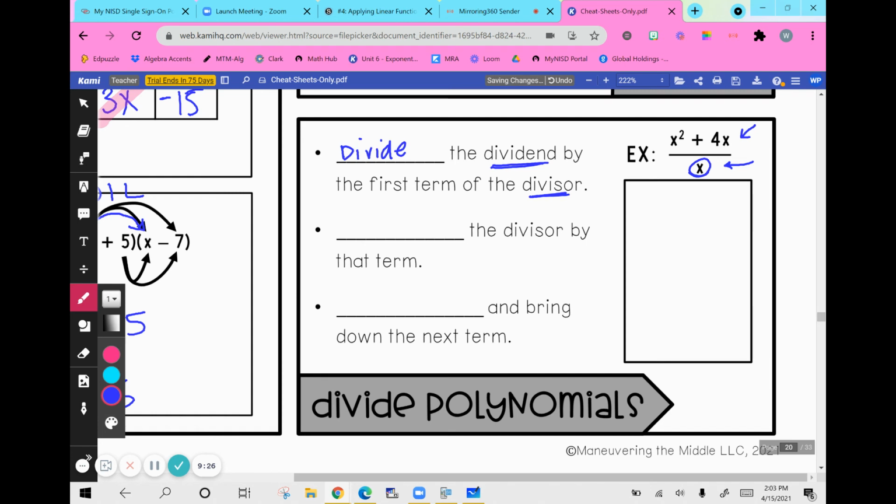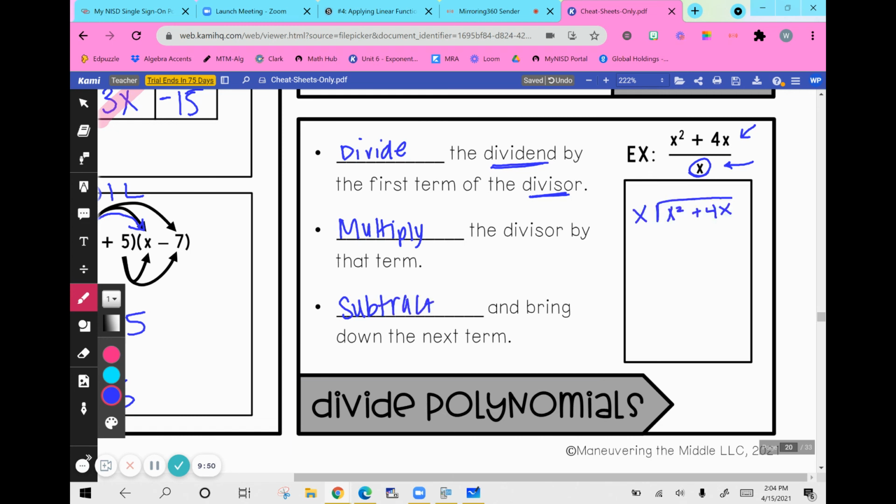This would be our dividend on the top. Multiply the divisor by that term. And then we're going to subtract and bring down the next term.